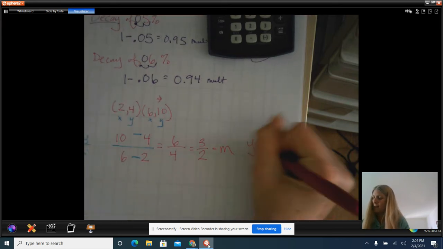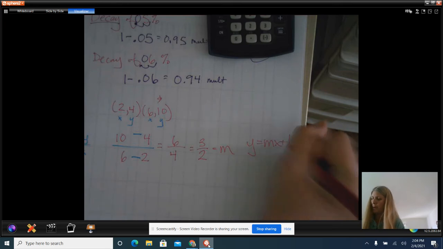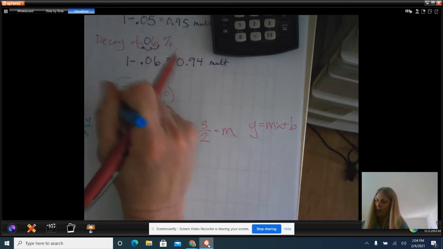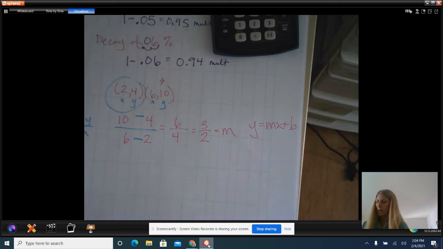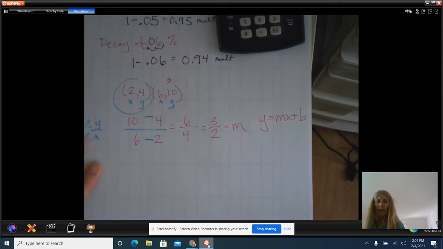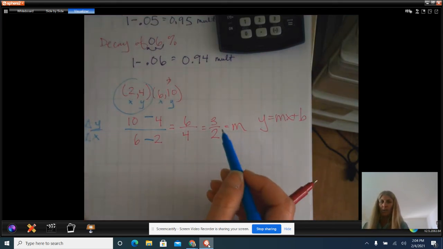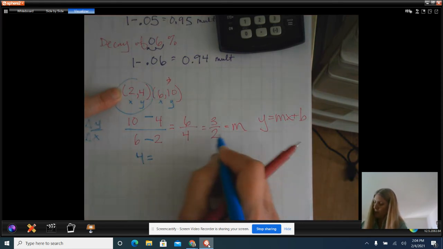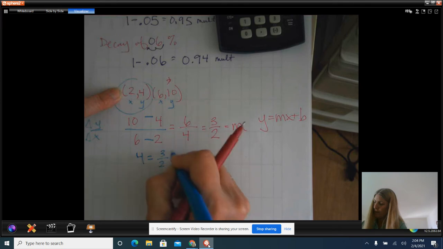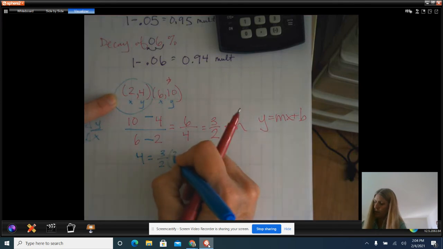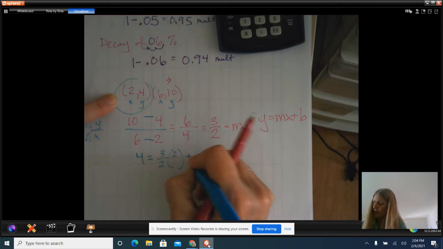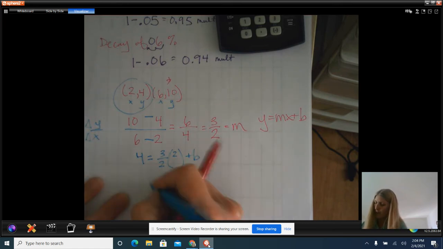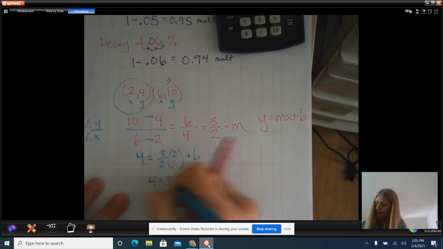Now remember, this is a line, so we're going y equals mx plus b. So now we're going to go ahead and pick one of the points. I'm going to pick the one with the smaller number. And we're going to go ahead and plug that in and our slope and then solve for b. So we have 4 is equal to 3/2 times my x, which is 2, plus b. Now that's 6 divided by 2, which of course gives me 3.